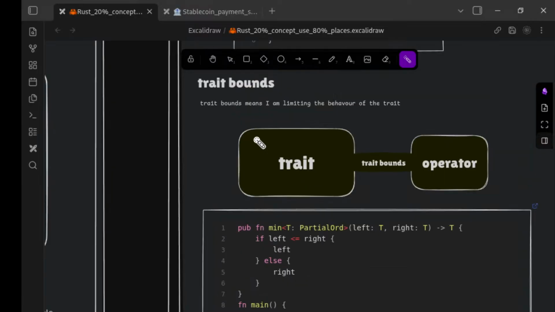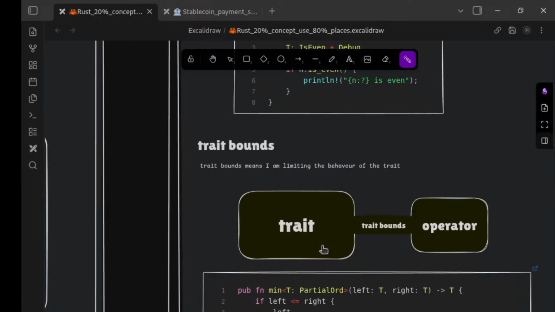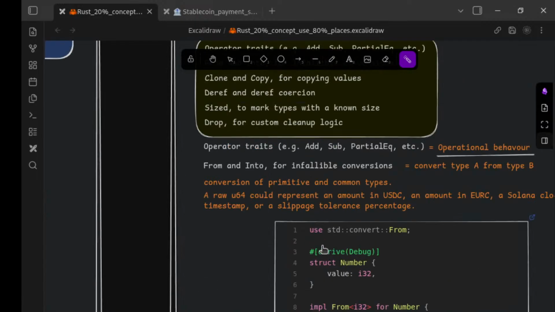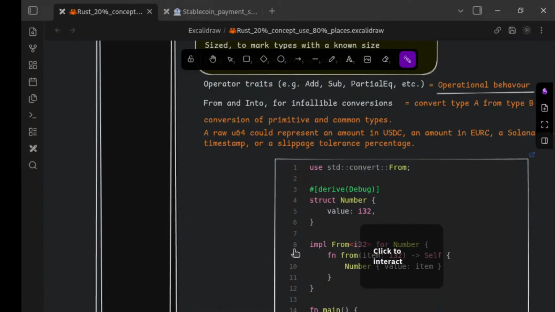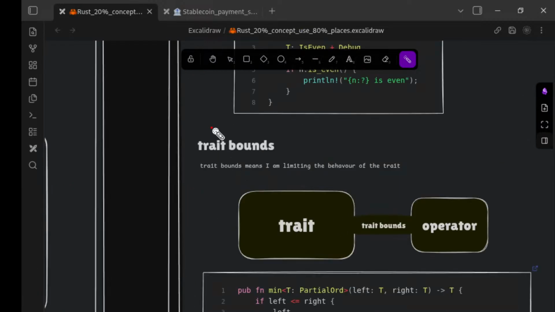So trait bound means attaching behavior in code. So we completed trait, generics, and trait bound.